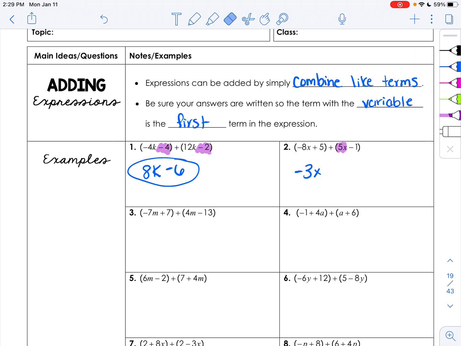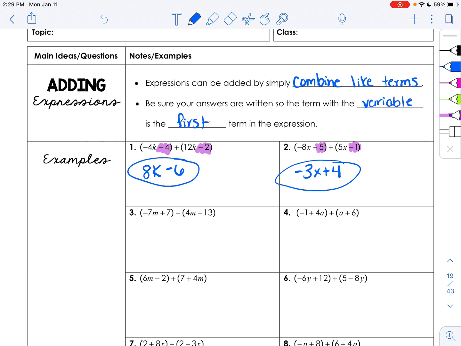Then we focus on our constants, 5 and negative 1. 5 minus 1 is negative 3, because remember, we're reading it from left to right. So when I add these two expressions, I get negative 3x minus 4. I'm sorry, that should be a plus 4.